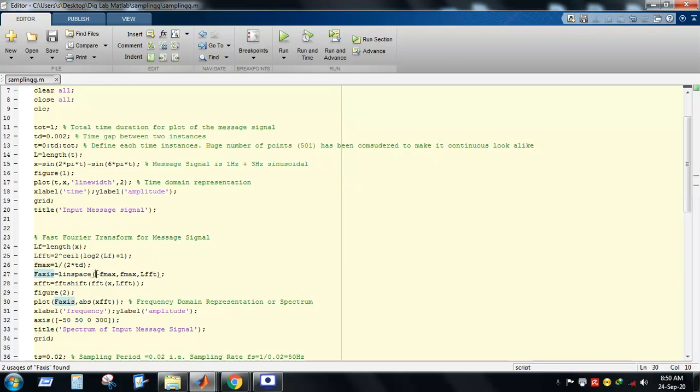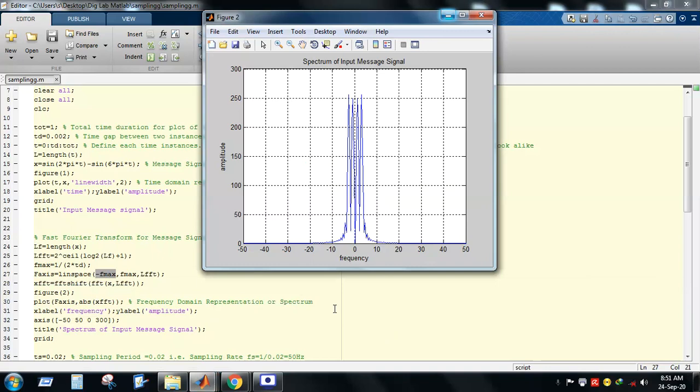So basically the frequency spectrum will lie between minus f max to f max. So we plot f axis on the x axis and amplitude on the y axis. This is the corresponding command to identify the spectrum of the message signal.